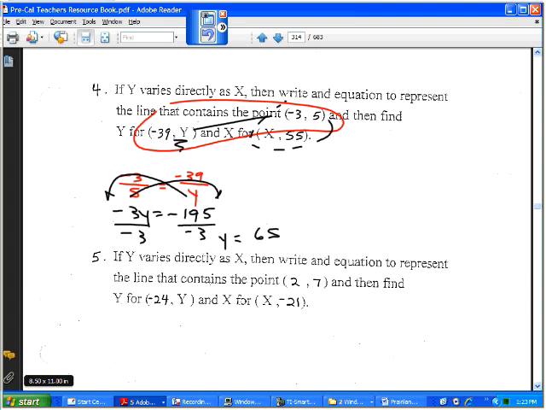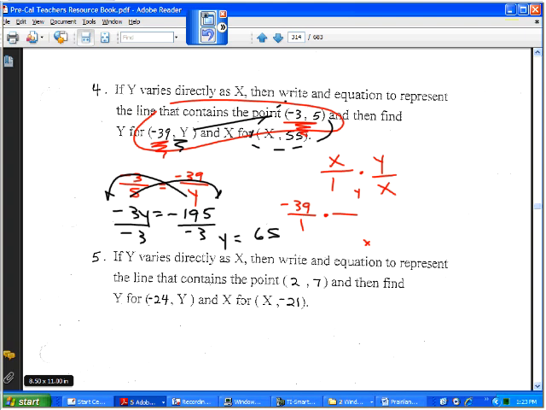Now, how else could you do that? We could say, do you understand dimensional analysis? If I have the name x, how could I get rid of x? I could multiply by y over x. You understand that if you multiply x by y over x, the x's cancel? So here's the deal. I'm going to start with my x name, negative 39. And I want to lose the x and gain the y.